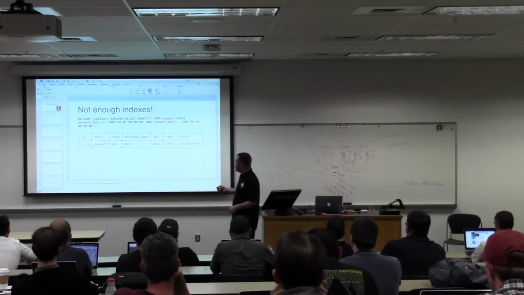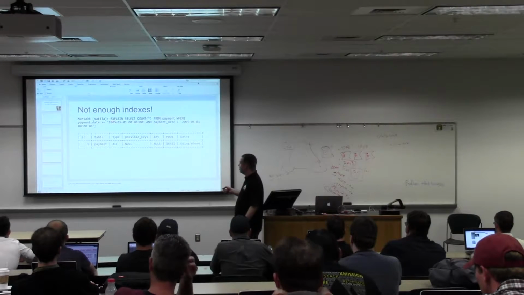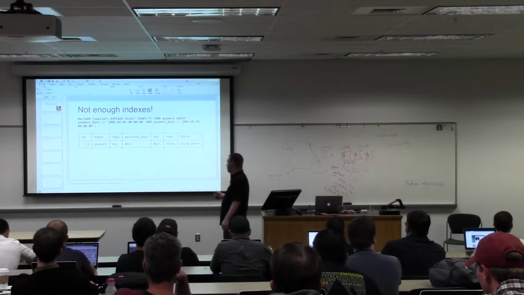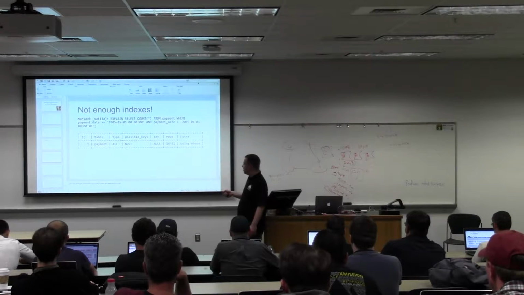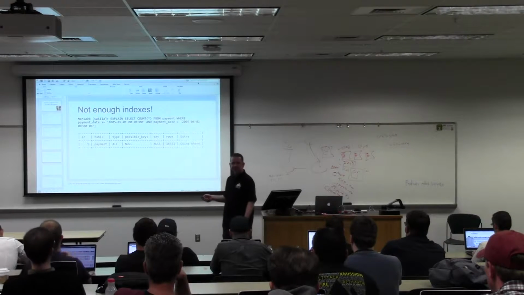In this case, one thing MySQL does a really good job with is the explain keyword. You can run your query with explain in front of it, and it'll tell you what it's doing. In this case, it tells us the first table it's looking at is the payment table. Possible keys, null. That's a bad thing.